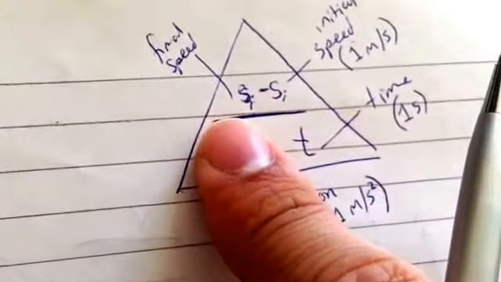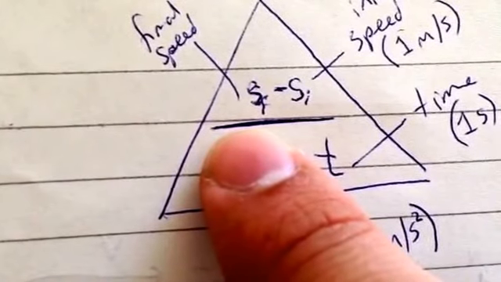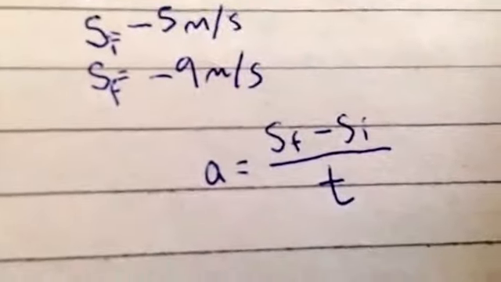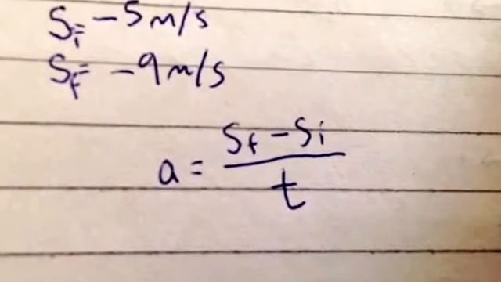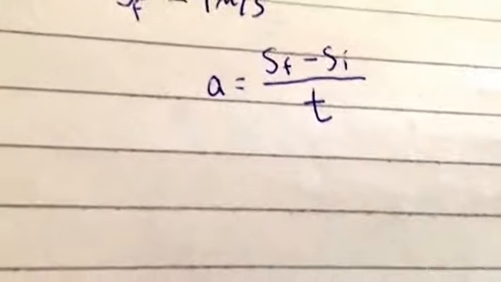Because you must cover up the one you want to find, and whatever you're left with is what the formula is. So A is what we want to find, equals what's left, SF minus SI divided by T. And that's what we've written. Now it's a simple matter of putting the correct numbers in.